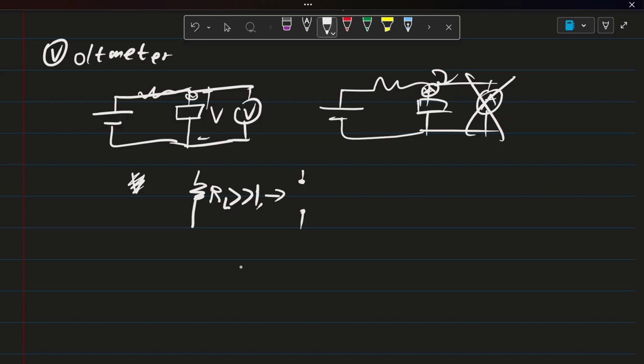And for an ammeter, it is pretty much another resistor, but it's very small, to the point that it is pretty much like a straight wire, and you can technically figure out the voltage in between these two things. And if you know the voltage, you could divide it by the resistance to get the current.